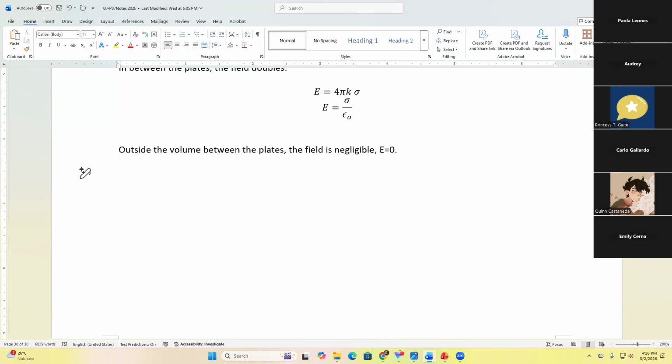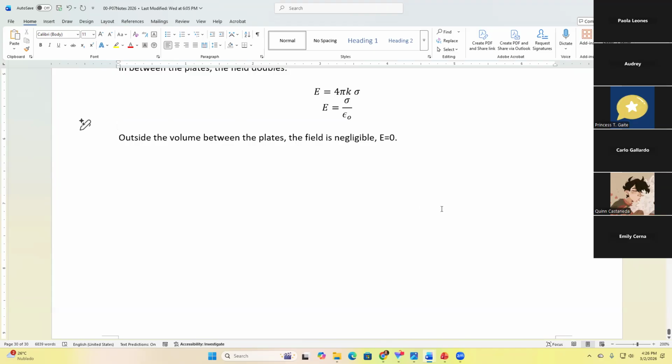Okay. Think about that. We're using, like I said, just the superposition principle.